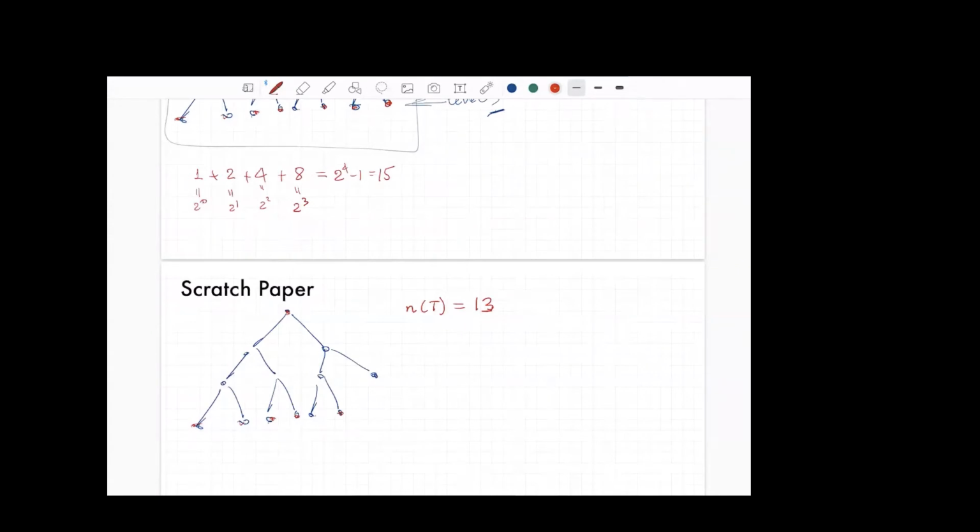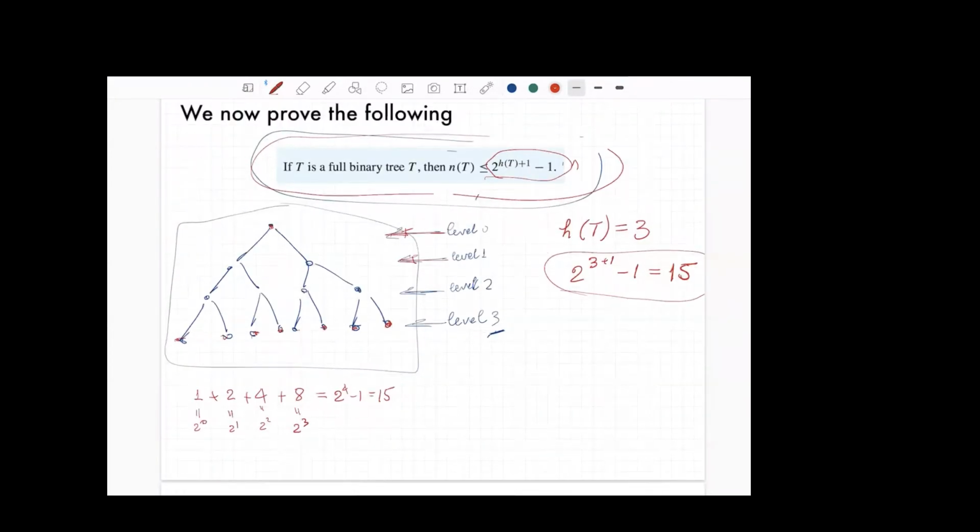What's the height of the tree? The height of the tree is still 3, right? So it's going to be 2 to the 4th minus 1, which is still 15. So 13 is no greater than 15. That's what the theorem says. If your tree is not perfect, then you have strict inequality. If your tree is perfect, then you have equality.